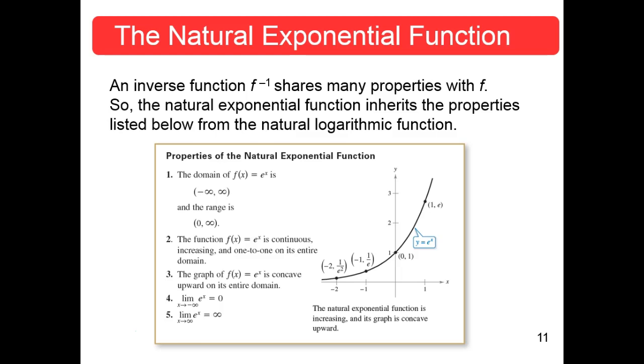The graph of f of x equal e to the x is concave upward on its entire domain because the log was concave downward on its entire domain. The limit as x approaches negative infinity has to be 0 because it's always positive but getting less and less, so it has to be 0. The limit as x goes to positive infinity of e to the x is positive infinity. Just certain characteristics.